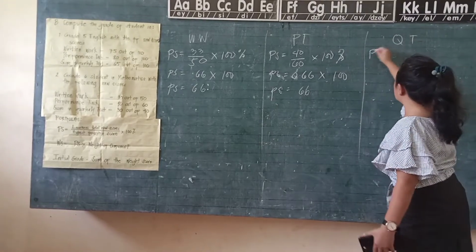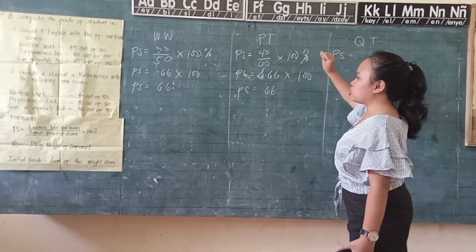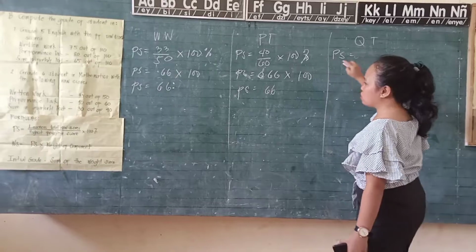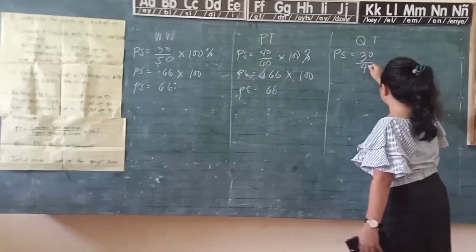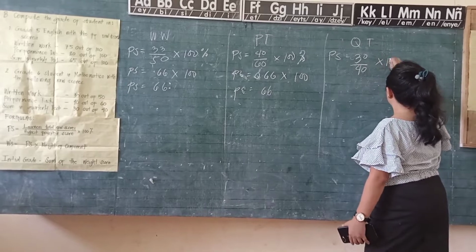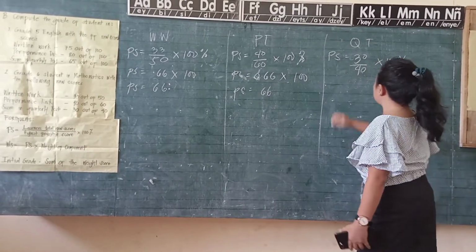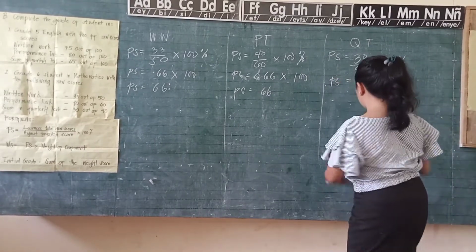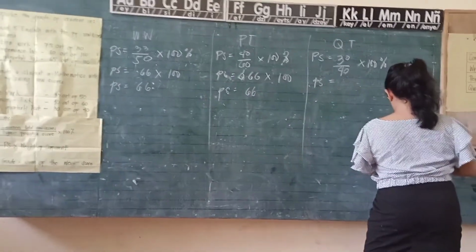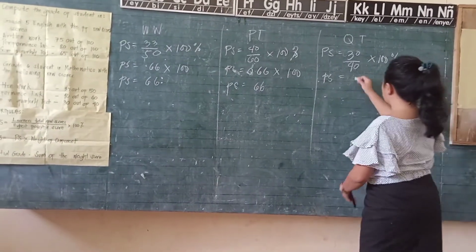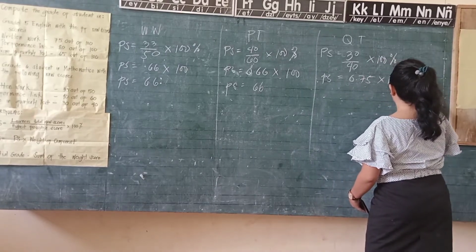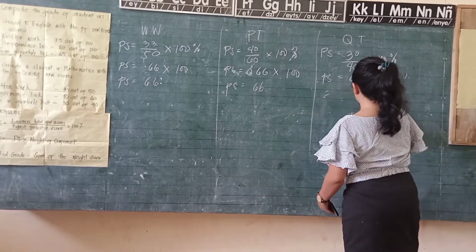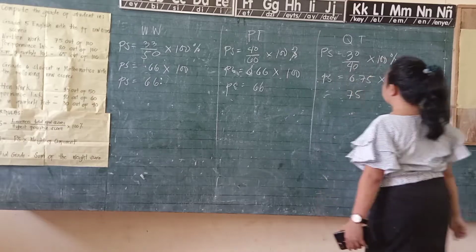The learner's total score in the quarterly task is 30 over 40 times 100%. PS equals 30 divided by 40, which is 0.75, times 100%, equal to 75.